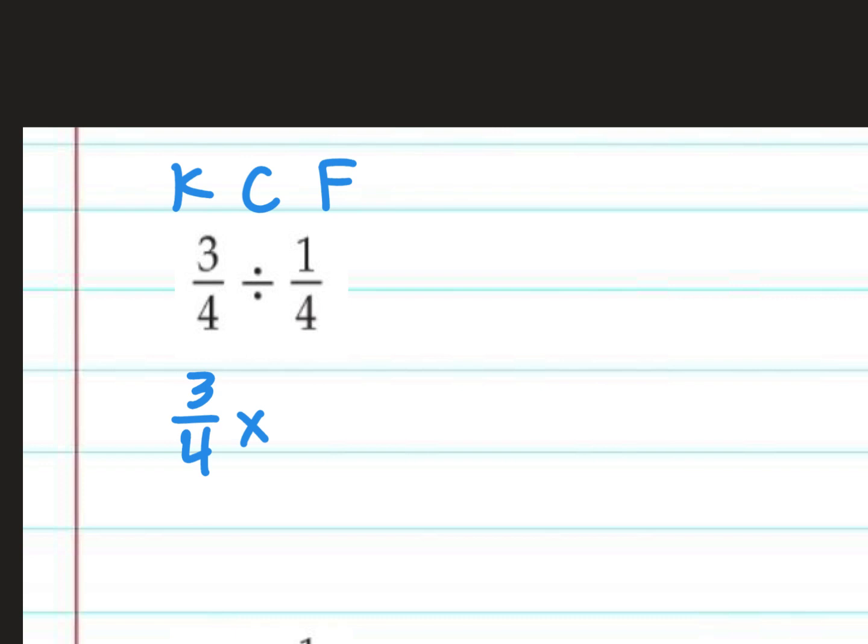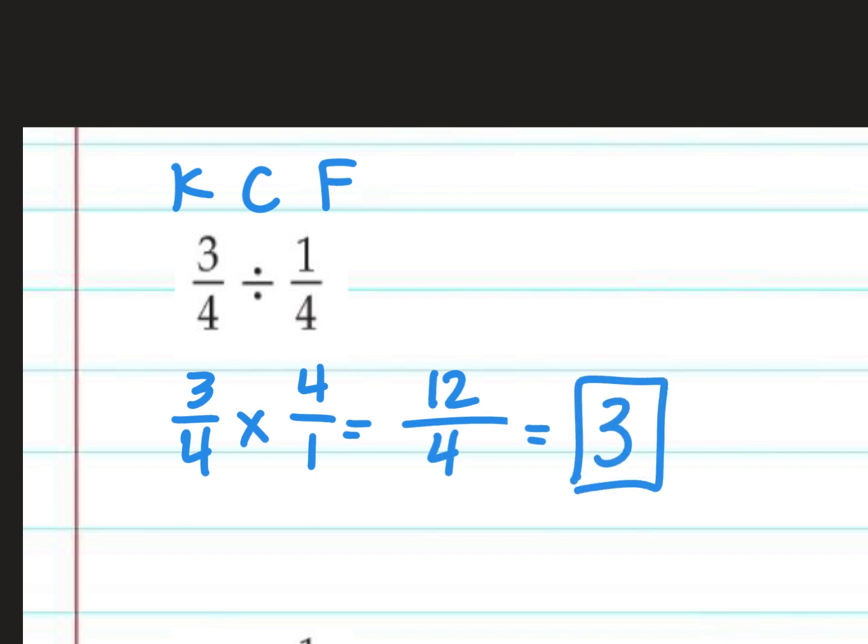And then flip: we're going to flip the second fraction, just switching the numerator and the denominator. And then we multiply like we did with multiplying fractions. Multiply numerators, 3 times 4 is 12. Multiply denominators, 4 times 1 is 4. Turn this back into a mixed number. 4 goes into 12 exactly 3 times, nothing left over. So there's our final answer.